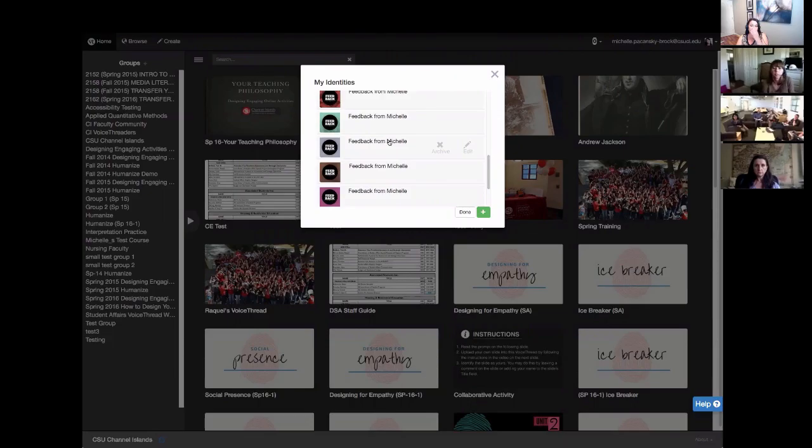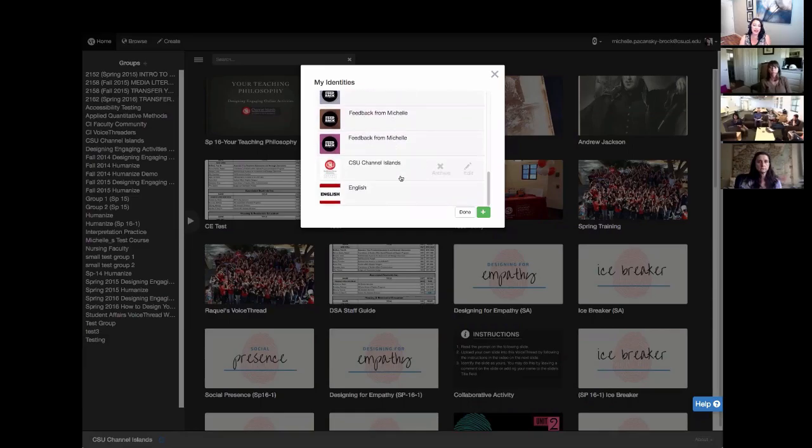I don't need to do that anymore, because the way it used to be in VoiceThread, if you left more than one comment with the same identity, your avatar or picture wouldn't show up more than once, so there was no visual indicator that you had done that. Some people still use the feedback icons. I don't anymore.